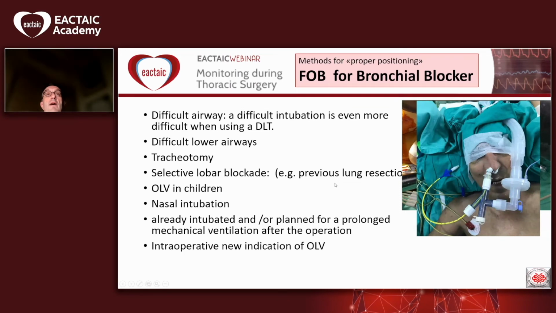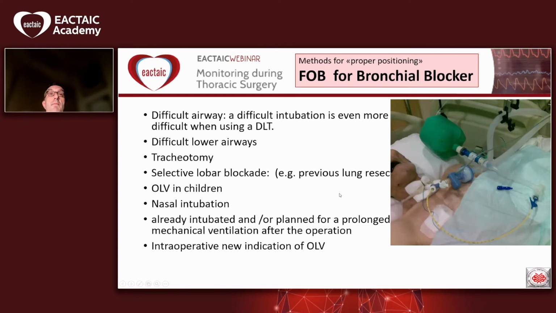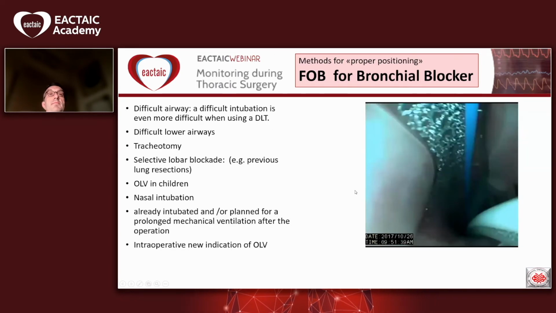If you have a difficult intubation because of, let's say, ankylosing spondylitis, like in this case, you have to intubate your patient awake with fiber optic bronchoscopy, and you have to use afterwards a blocker like it is here. Or if you have a patient with tracheostomy, you can still have double-lumen tracheostomy cannulas, but these are very rigid and not easy to handle. We always prefer using bronchial blockers.